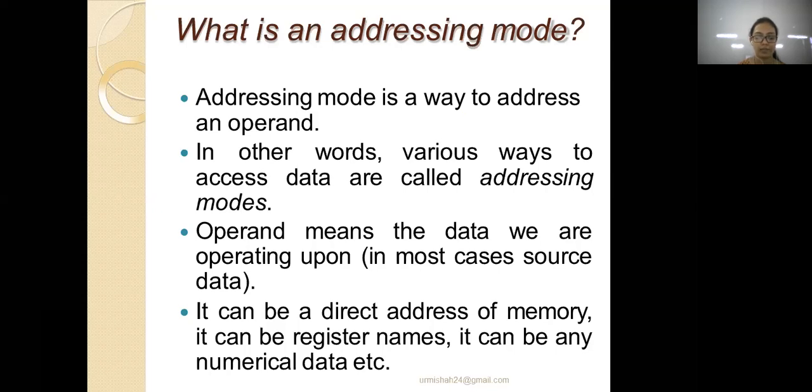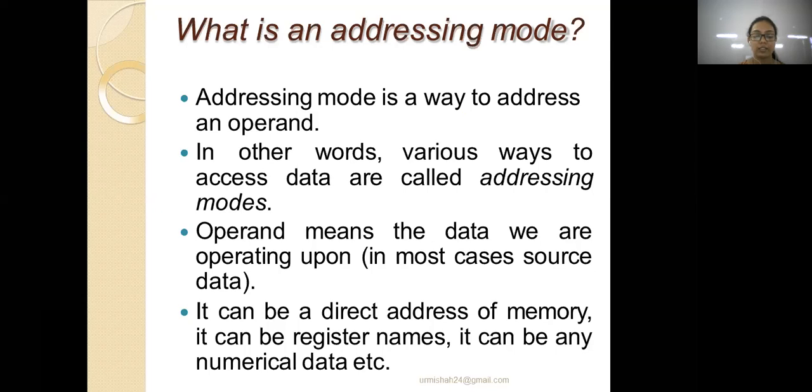For example, ADD R1, R2. Here the operand is in terms of register name. MOV A, #55H: #55 means it is in the form of numerical data. Then MOV A, 40H: 40H is the direct address because here the hash is not mentioned before the number.